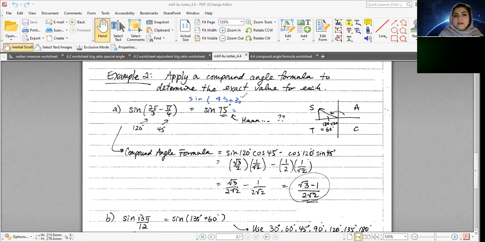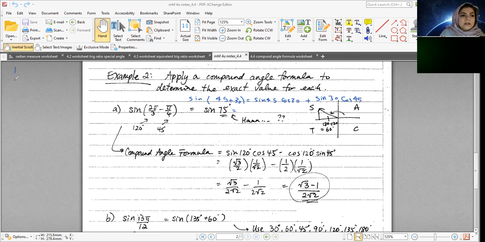According to the compound angle formula, I can expand it as sine of 45, sine of the first angle, multiplied by cosine of the second angle, plus sine of the second angle, sine of 30, cosine of 45.